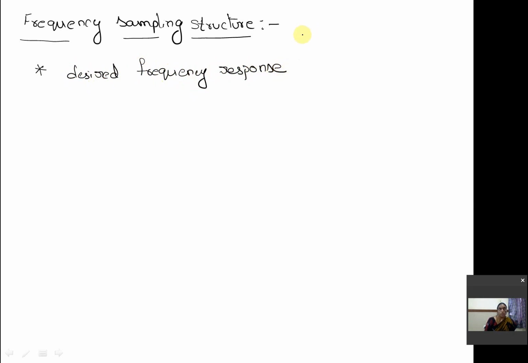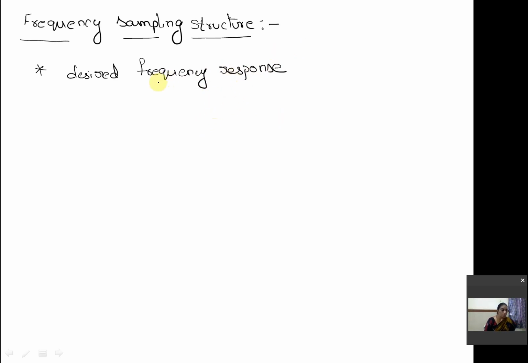So generally H of z is given, right? Now h of n is a known one. Here frequency response is given, right? So instead of H of z, H of omega is given. Based on that we should find out what h of n is.